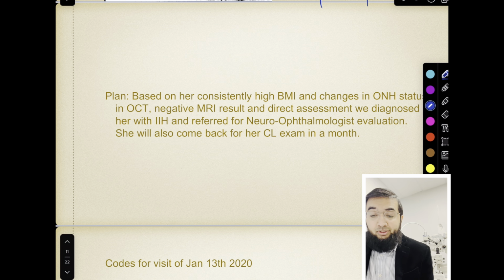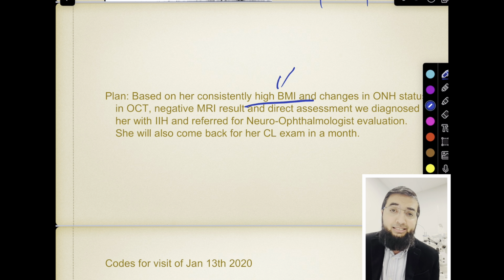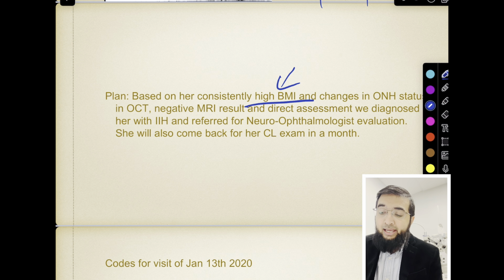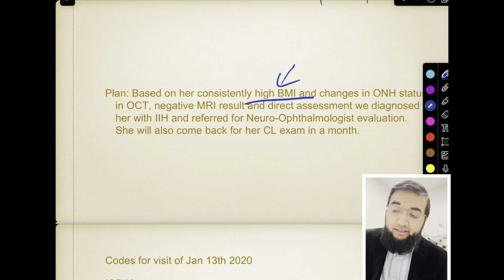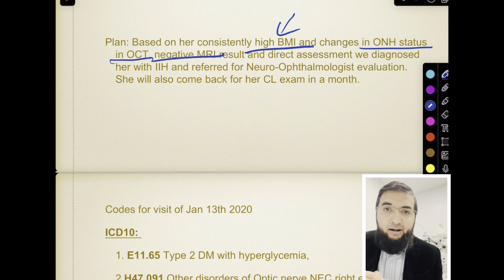Based on her consistently high BMI, she is gaining weight more and more, and changes in the optic nerve head status on the OCT, and a negative MRI. We got a report that the MRI is negative.